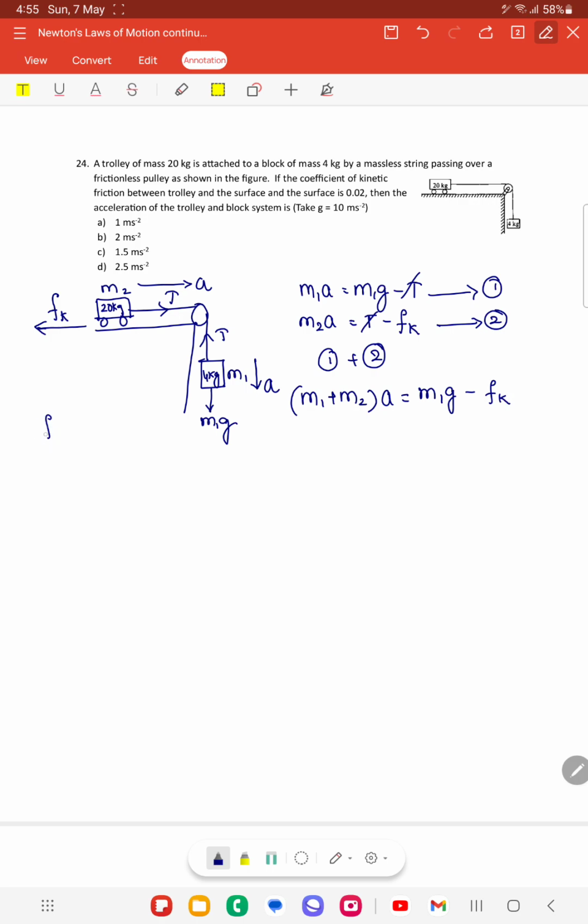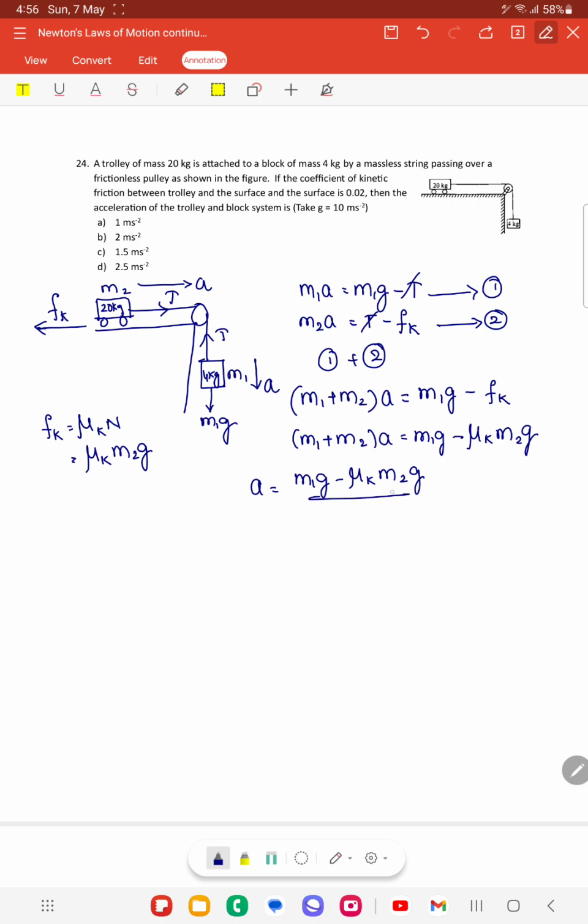Here Fk is nothing but mu k into N, that is mu k m2 into g, as N is m2g. So substituting here, we have m1 plus m2 into a is equal to m1g minus mu k m2 into g. So the equation for acceleration is m1g minus mu k m2g divided by m1 plus m2.